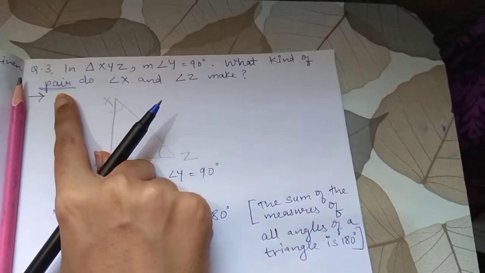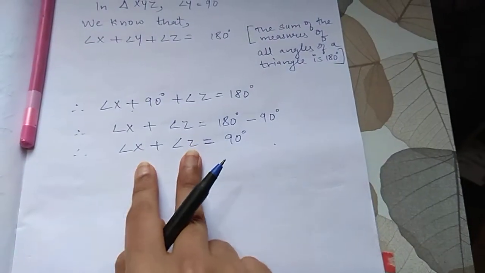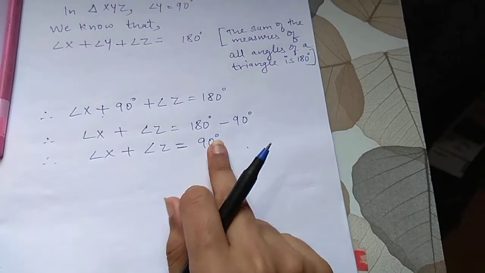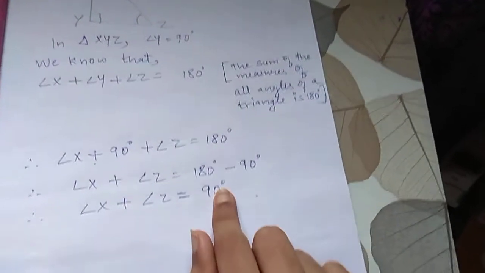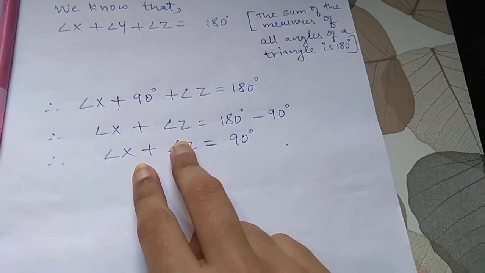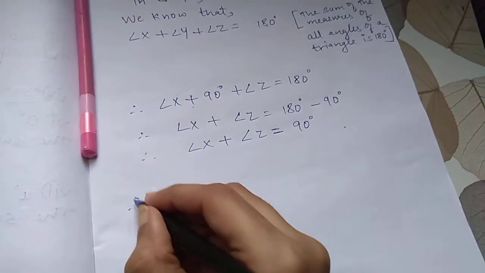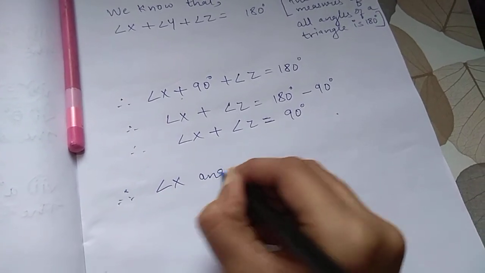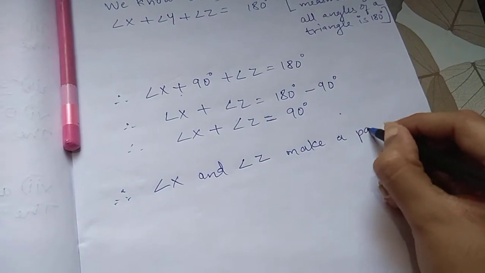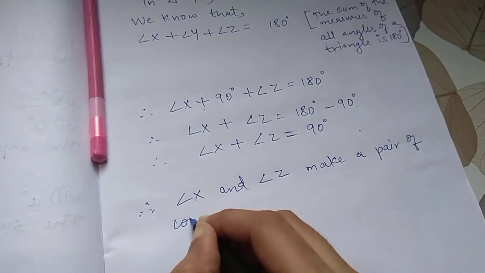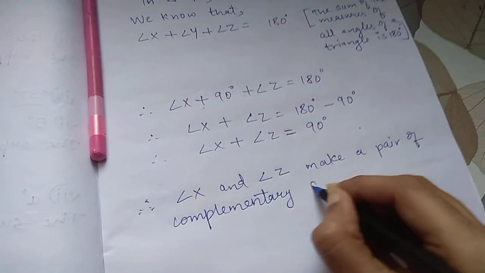Now the question asks about the pair of X and Z. So X and Z we got. When we add them, we get 90 degrees. When we add 2 angles together and the sum is 90 degrees, that pair is known as complementary angles. Therefore, angle X and angle Z make a pair of complementary angles.